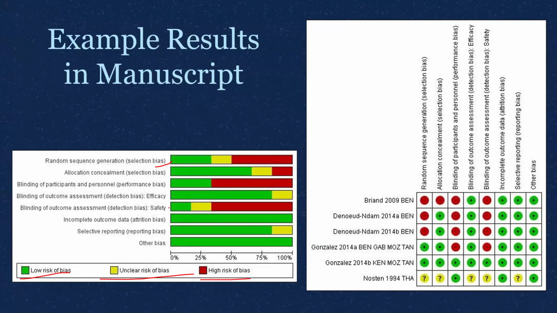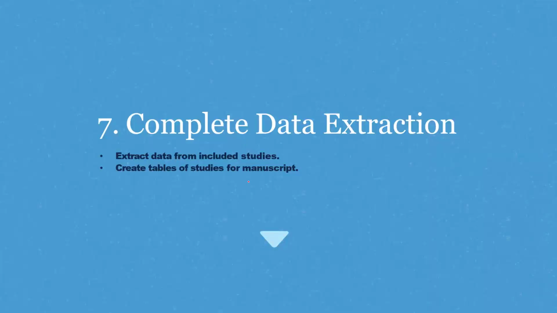So remember, we started with the search, we exported, removed duplicates, we did abstract screening, we did full text screening, and we've done the bias assessment. That means we are narrowing down. The next stage that we go to is called complete data extraction.